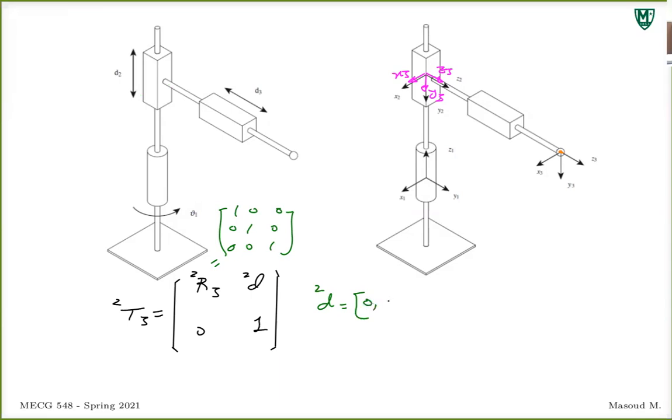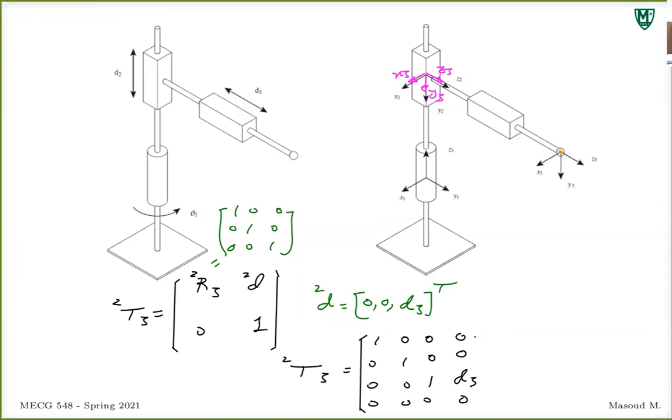So that would be 0, 0, D3. So your transformation matrix from 3 to 2 is again an easy matrix because there's really no rotation there. It starts with 1, 0, 0, 0, 1, 0, 0, 0, 1, bunch of zeros here. Then for the last column, 0, 0, D3, 0. I have to remember to put transpose here.